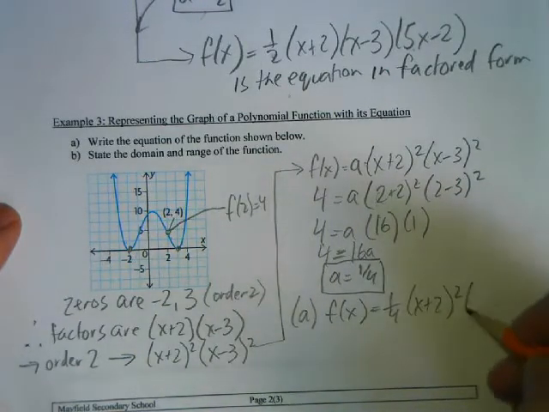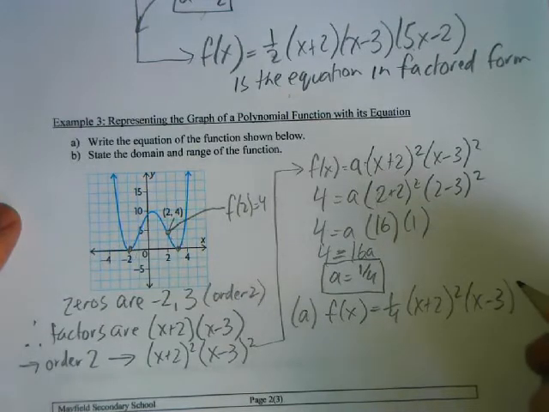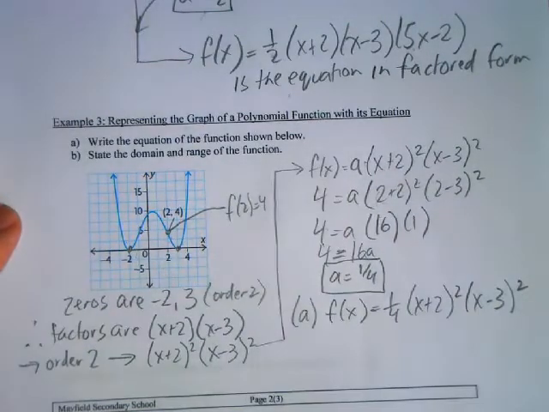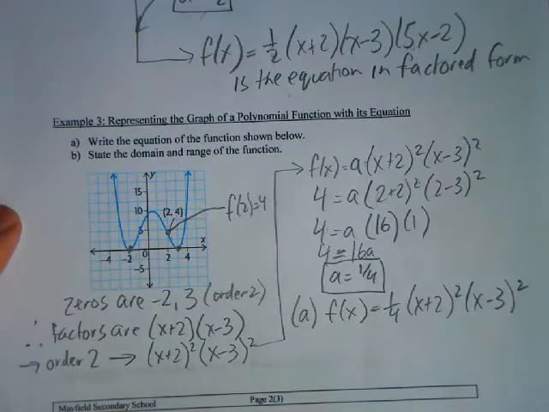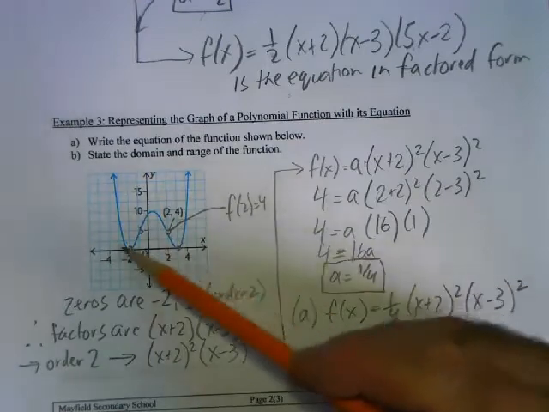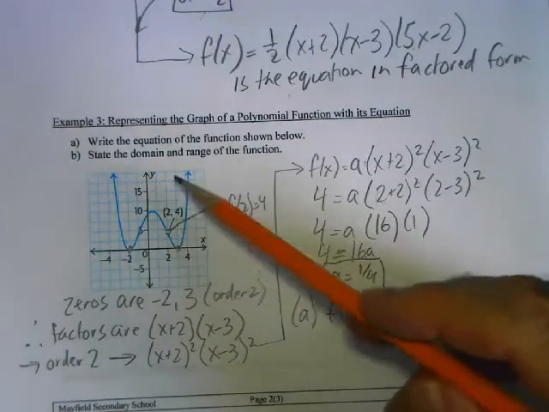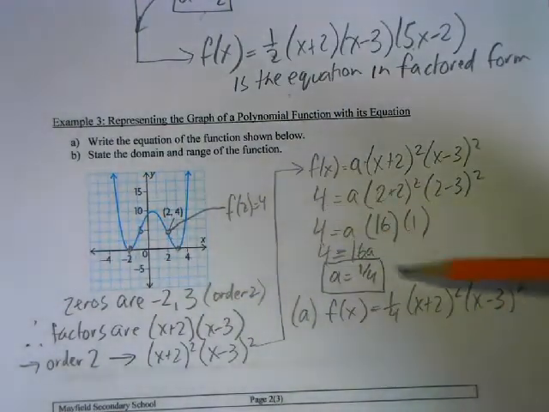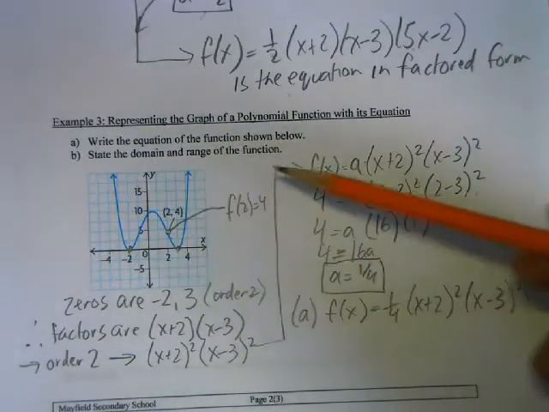The rest of it is all the same. So that's pretty powerful, just by looking at the two x-intercepts, their order, and one other point, we can get the equation of that exact polynomial.